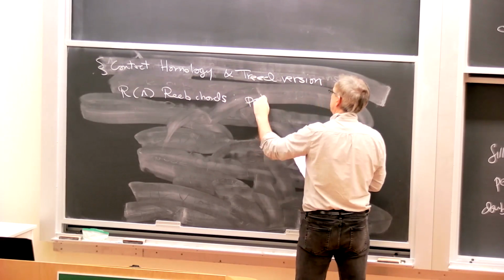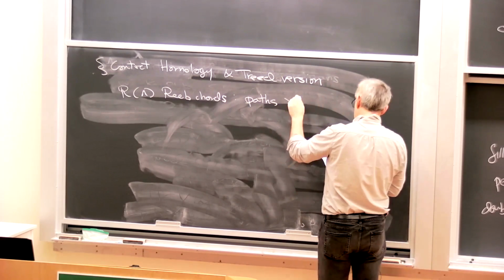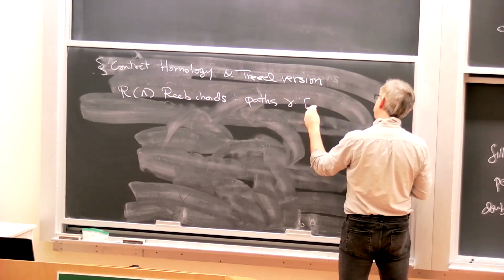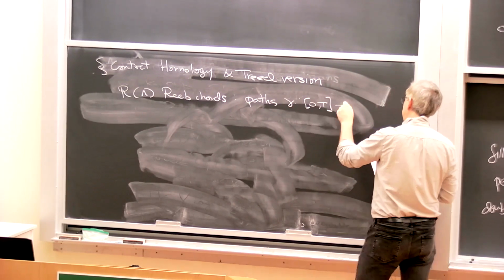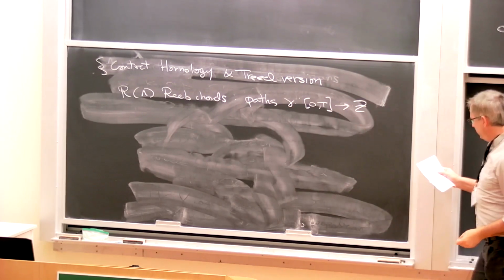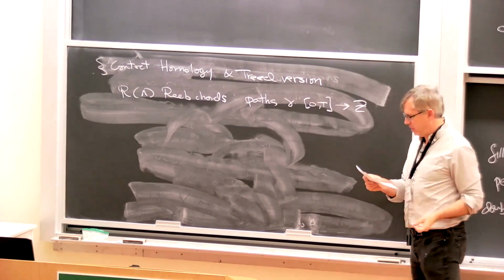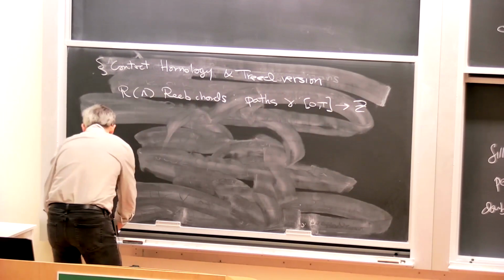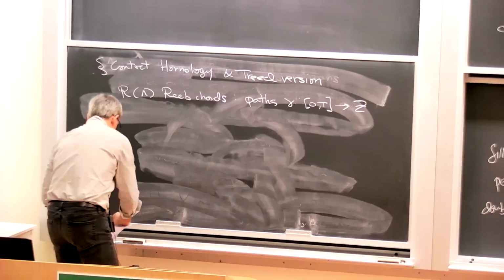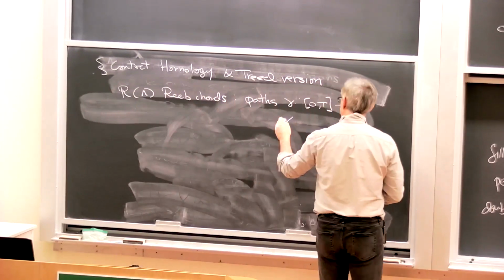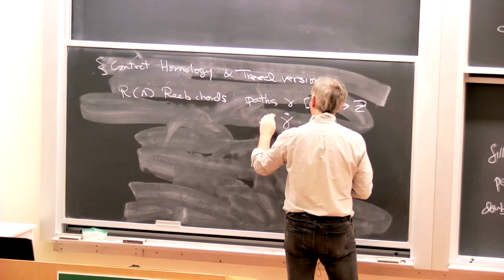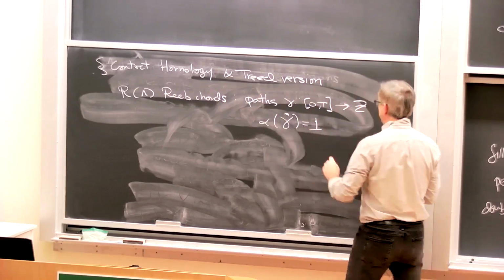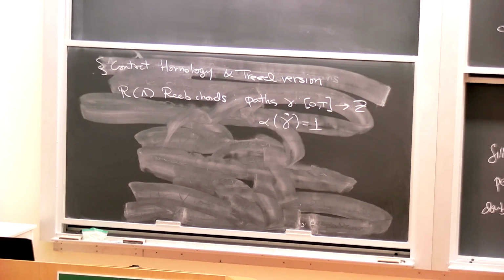These are paths in Z, which are lying in the fibers in our case, and for which gamma dot of alpha we can normalize to be 1.